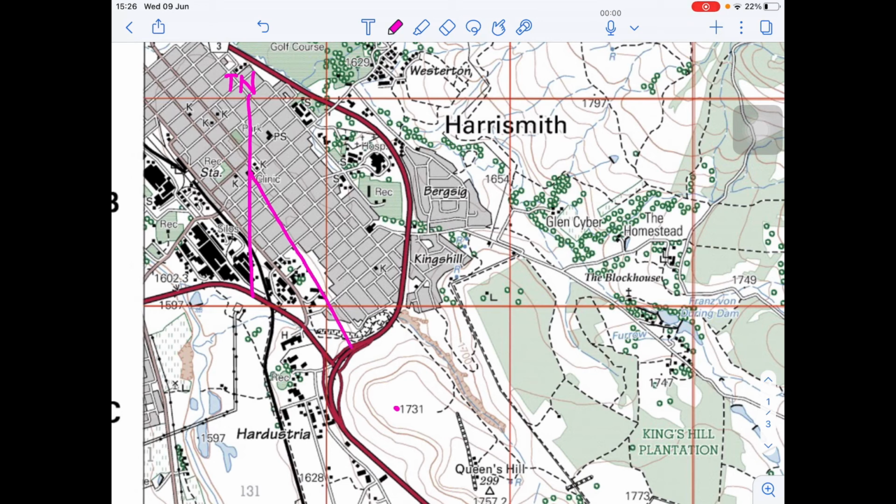We then connect to the spot height as accurately as you can, which you could probably do more accurately on paper, and you measure the angle from true north to the actual spot height with your protractor using the true bearing method.